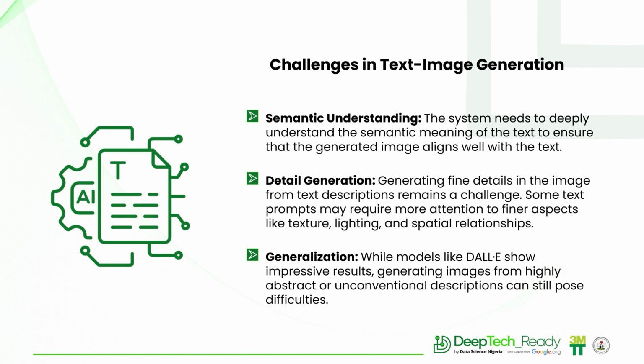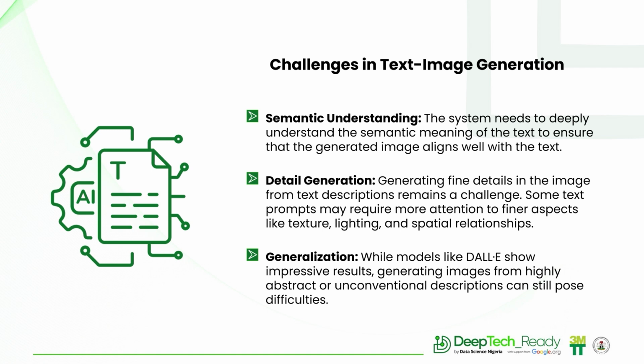Then detail generation. Generating fine details in the image from text description remains a challenge. Some text prompts may require more attention to finer aspects like texture, lighting, and spatial relationship. If you notice, sometimes generation of images can still be quite challenging because of the details.